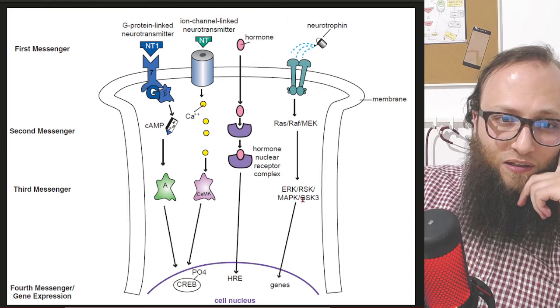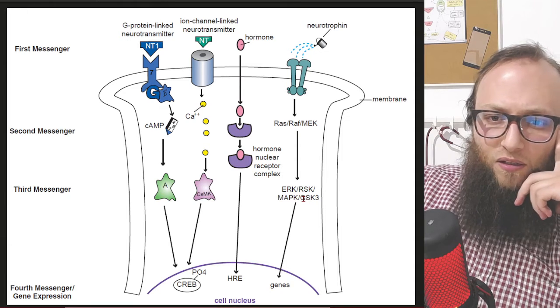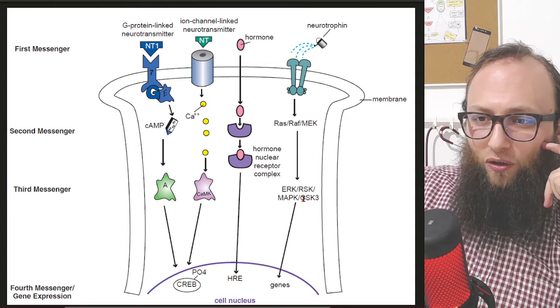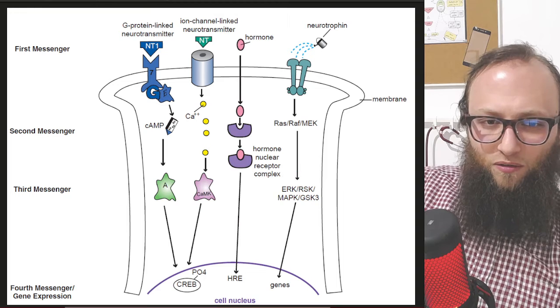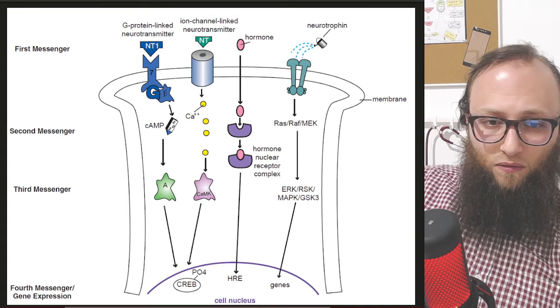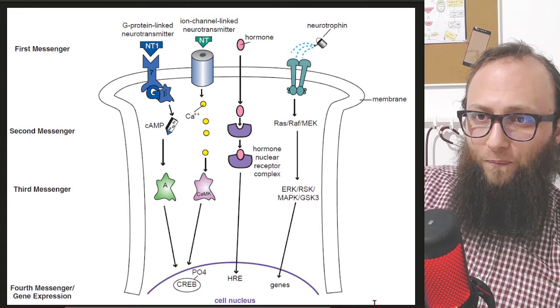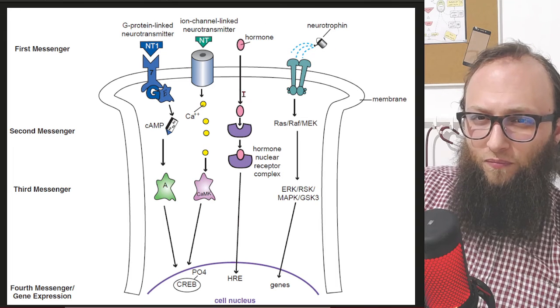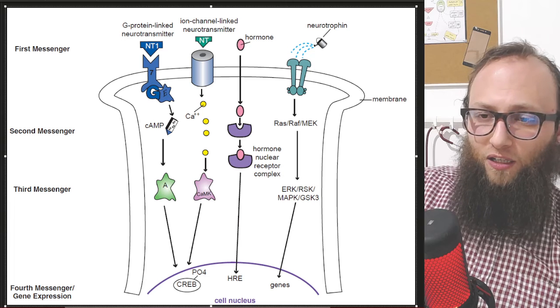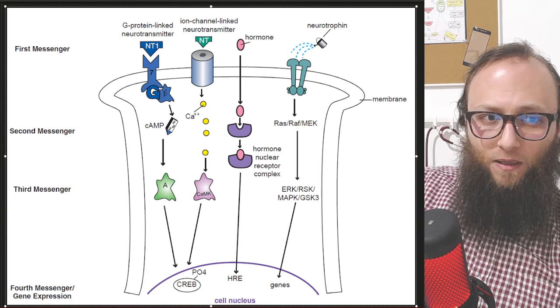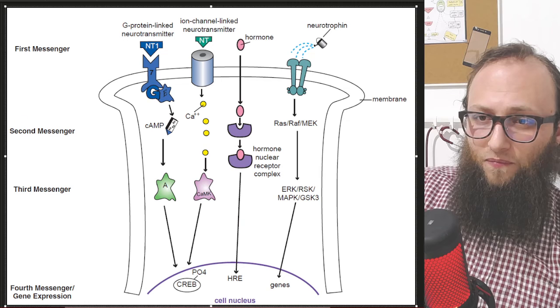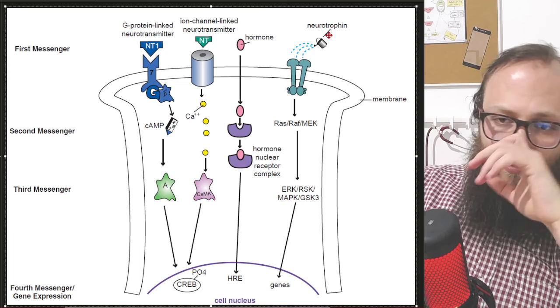GSK3 is glycogen synthase kinase 3. So we have a lot of details here, but we are just going through this figure to demonstrate and check the four main kinds of signal transduction. So we've talked about the G protein linked system, ion channel linked system, hormone linked system, and neurotrophin linked system. So that's it.